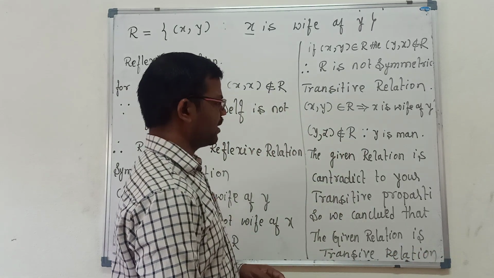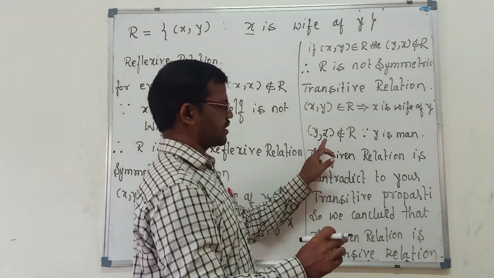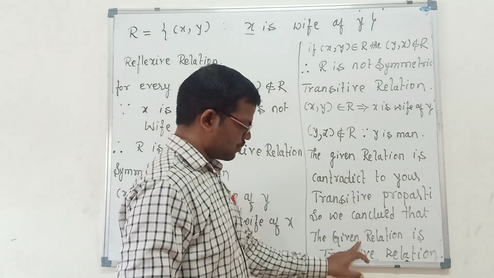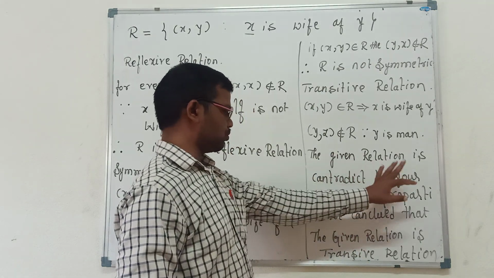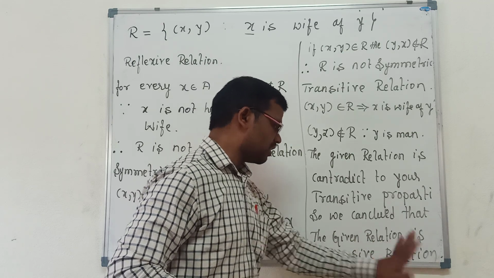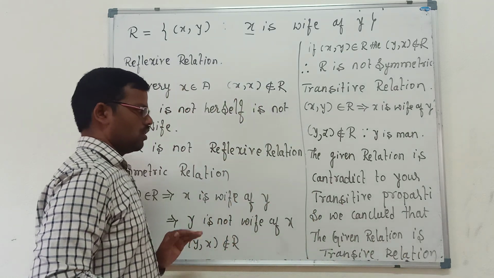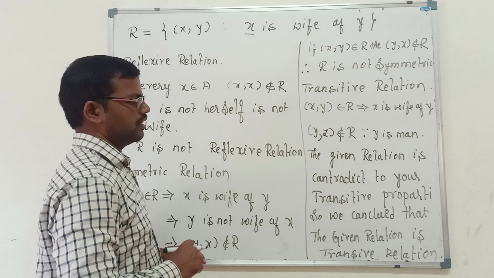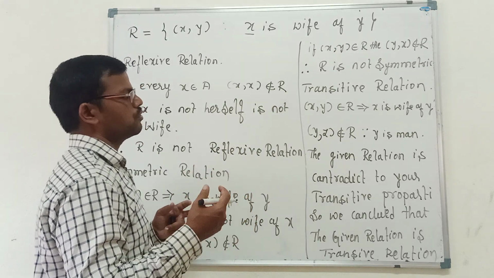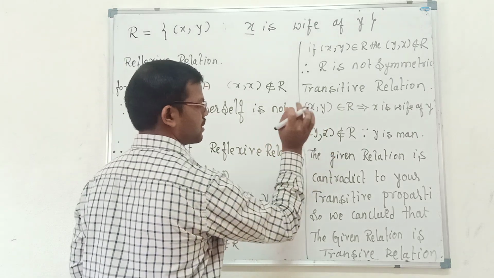For identifying transitive, it is a must and necessary that we have the second pair. If it is not got, then we have to state like this: it is a contradiction to our transitive property, and so we conclude the given relation is a transitive relation. Why? Because to say that it is not a transitive relation, the second pair is very important.